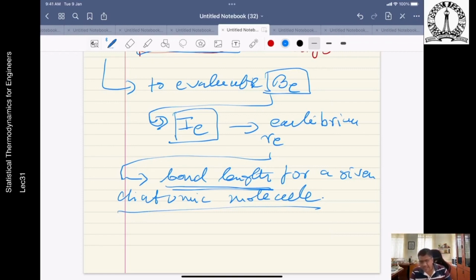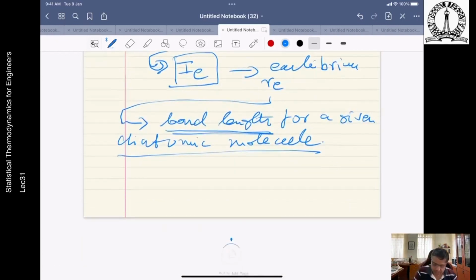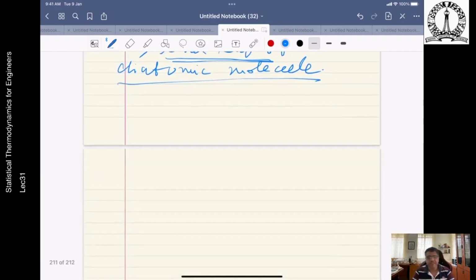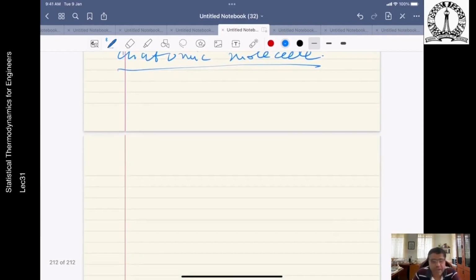So this particular thing verifies that if you look at BE, that average line spacing, BE is equal to h over 8 pi square c IE.